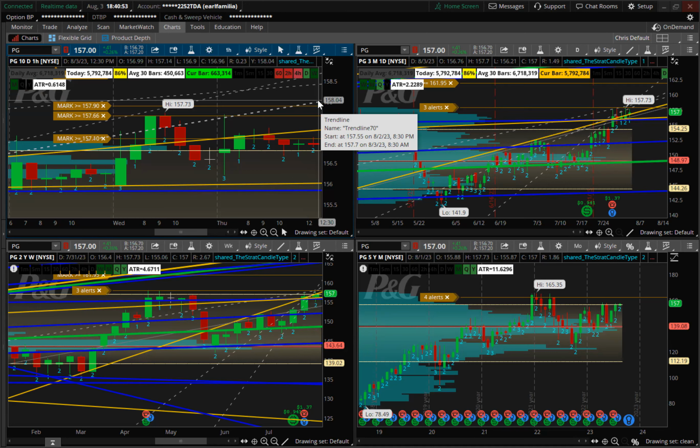Okay. Yeah, we get the trigger to the upside. The first 4 hour BF we're looking at is right just below that 158.11. It may actually be right at it.